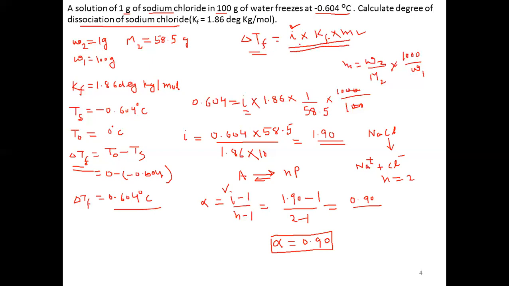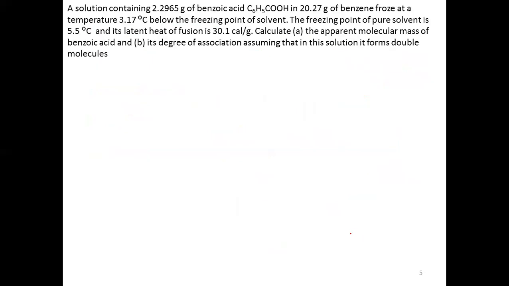Always use delta Tf is equal to i into Kf into m. If the solute is non-electrolyte, iota is 1. So simply put iota as 1, and the formula will remain delta Tf is equal to Kf into m. So there is no harm in using iota for non-electrolyte also, but the value of iota is 1 for non-electrolytes. So this was the numerical. It was quite easy. Now let us move to the next numerical.